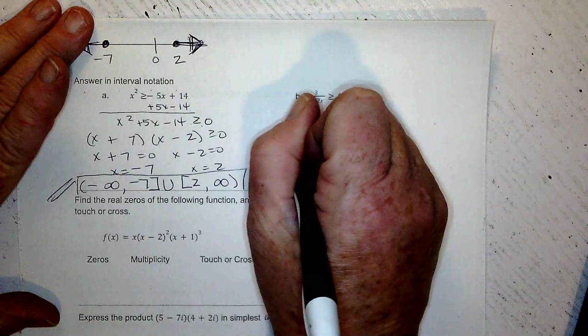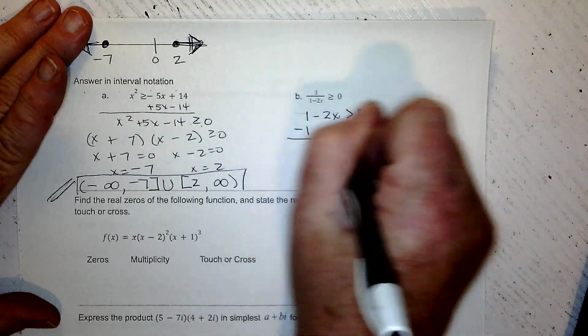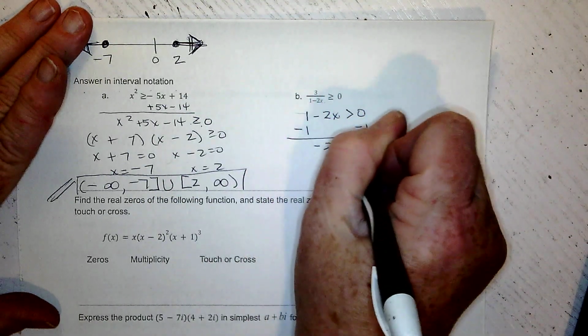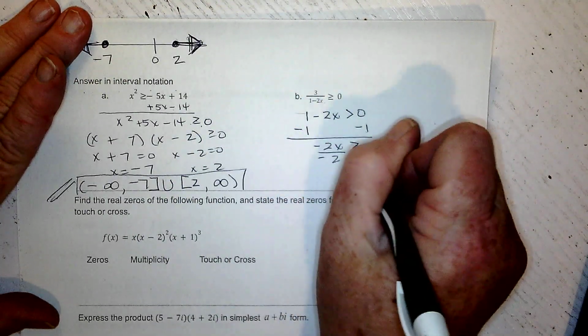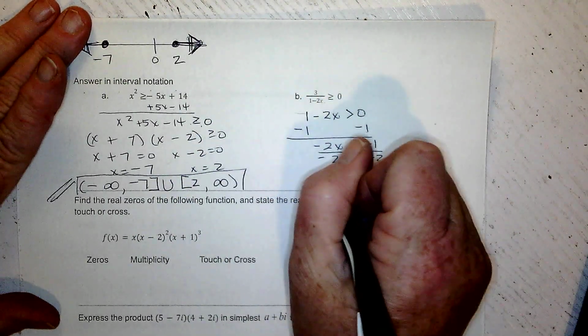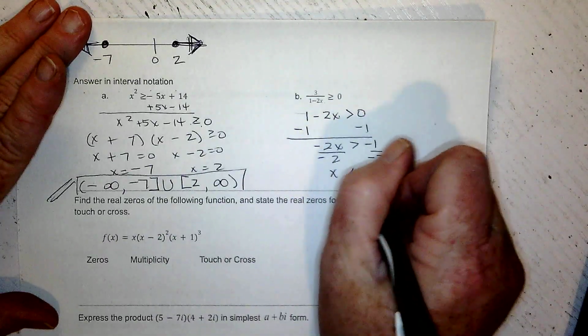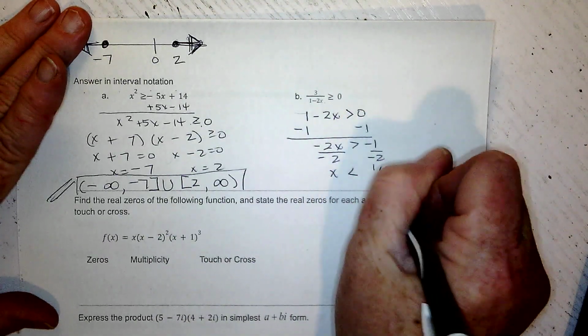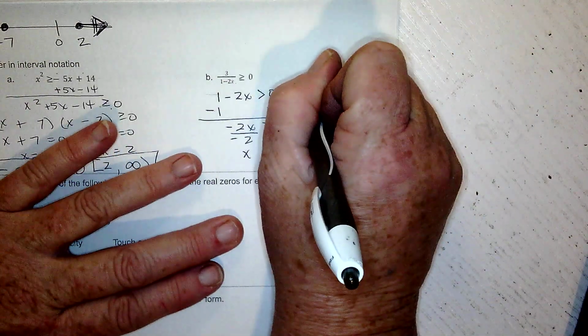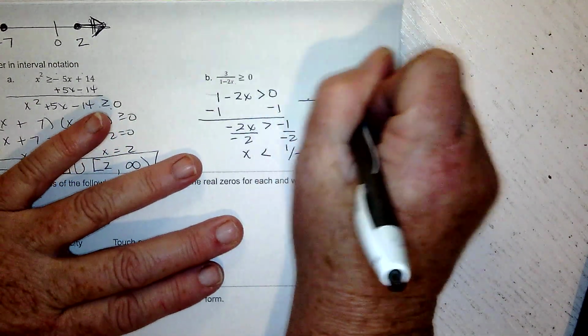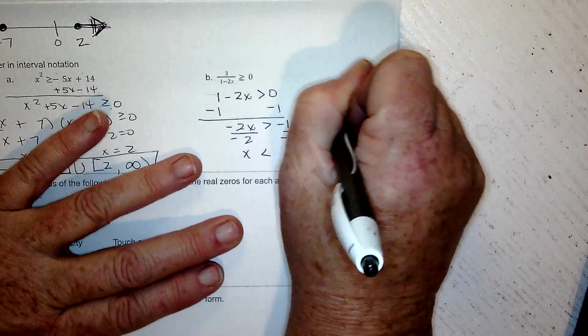All right, so I'm going to subtract 1 from both sides. Greater than negative 1. And then when I divide by my negative 2, that flips my inequality and makes it x has to be less than 1/2. So all I have to do here is show, I'll draw your number line so you can see it.